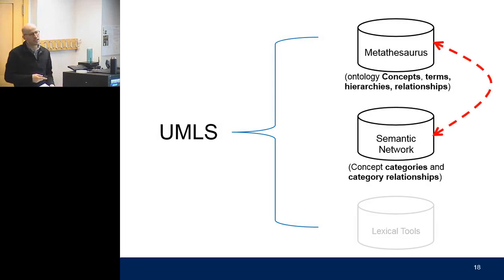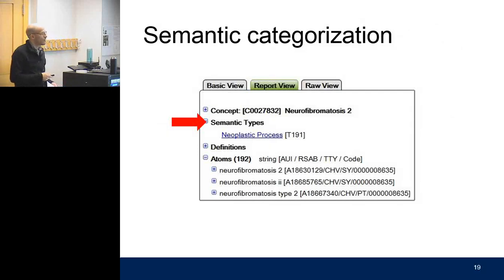So far we've been looking at how individual terms are related to each other across vocabularies and within vocabularies in the Metathesaurus. But as I mentioned earlier, there's also an additional layer of abstraction whereby all of the 3 million or so concepts within the UMLS are assigned to at least one semantic category. In this case, neurofibromatosis 2 has been assigned the semantic type neoplastic process.